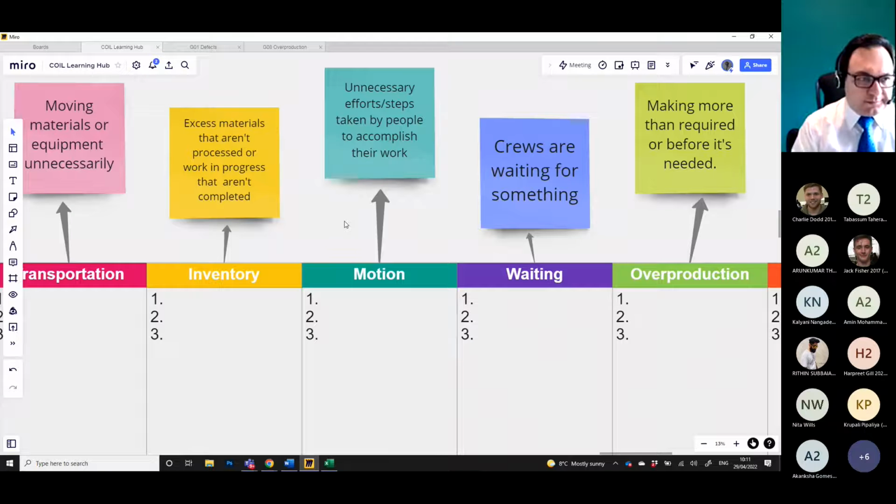What is work in progress? I guess it is something that we can see in construction quite frequently. We start doing something, but in the middle of the way, we realize that we have some constraints, or materials are not ready, or we haven't got enough information.